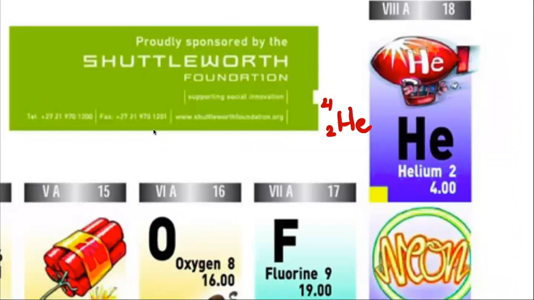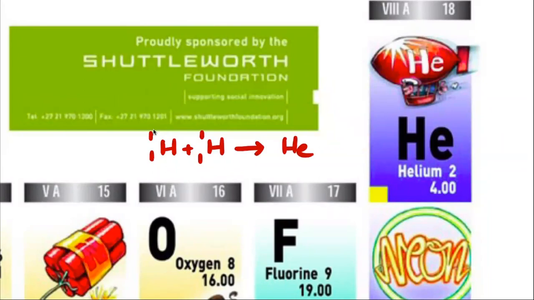By fusing two hydrogen atoms, hydrogen-1 with another hydrogen nucleus, hydrogen-1, so it will produce helium. Okay, we produce a helium nucleus.